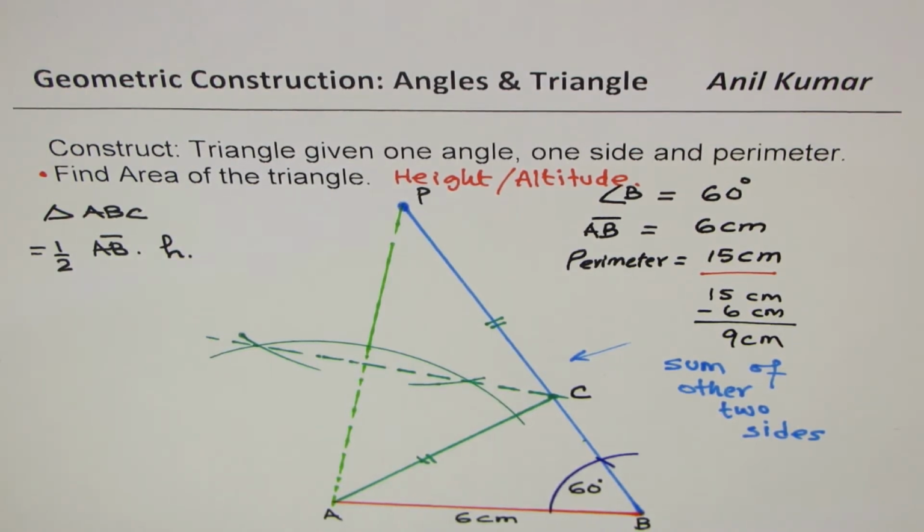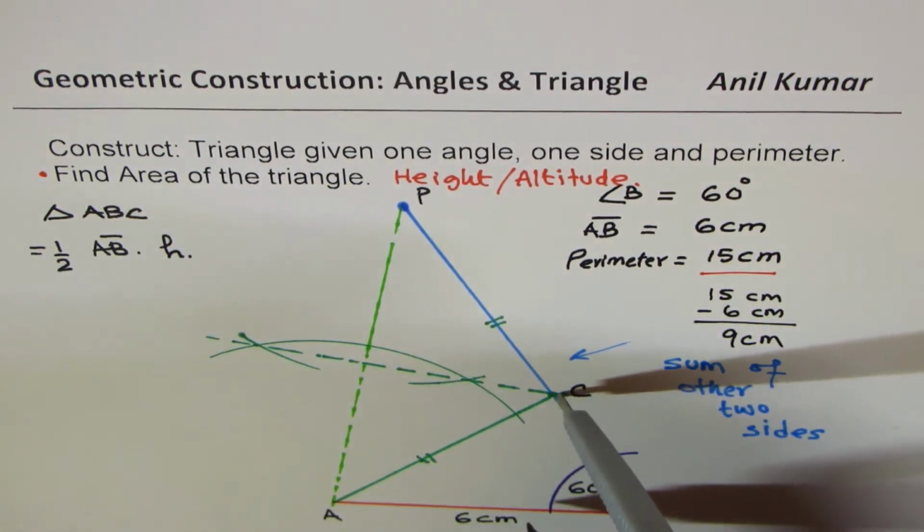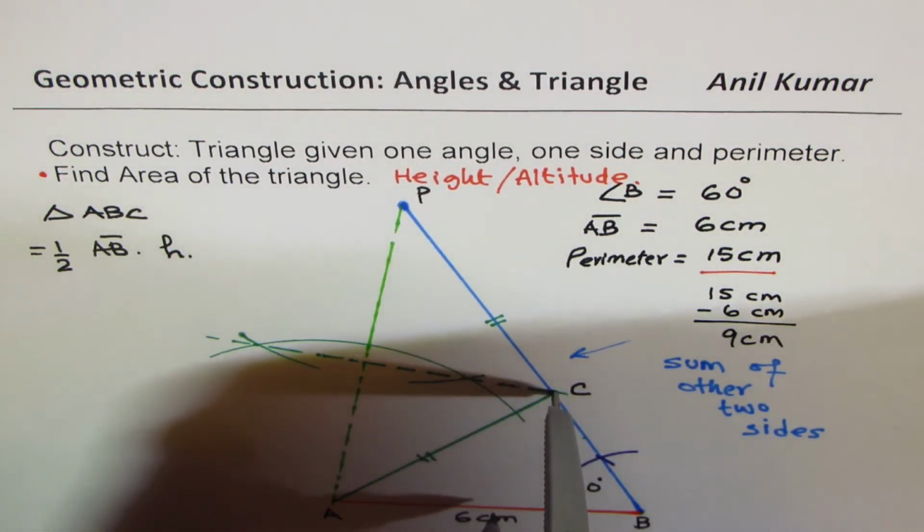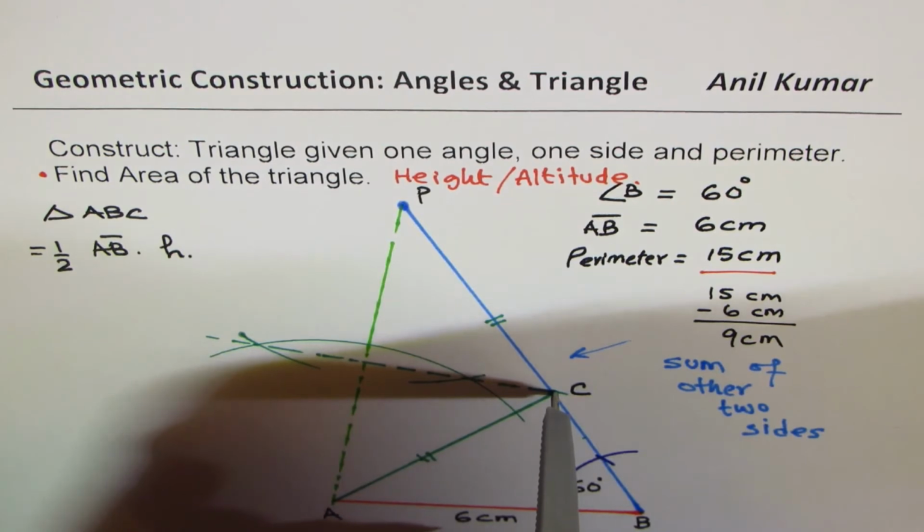So we can open the compass, which is, let me use another ink. Okay, that's fine. Open it longer than the distance from A, so that we could have an arc on AB, right? So I'm going to go slightly like this.